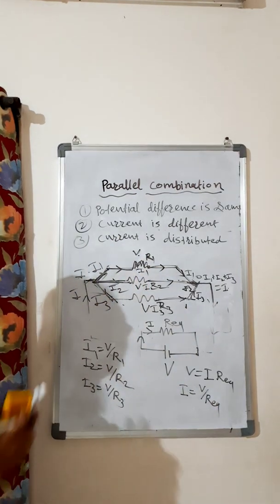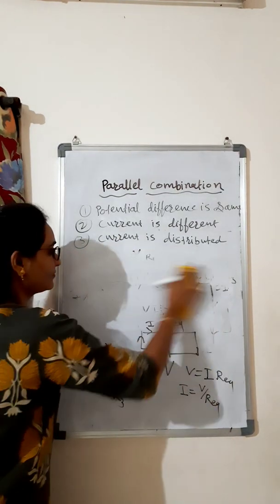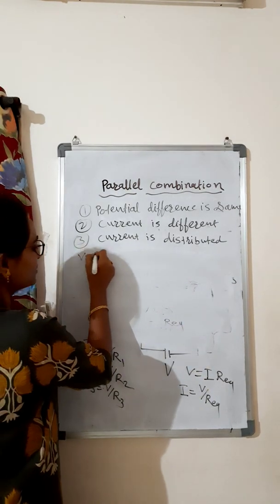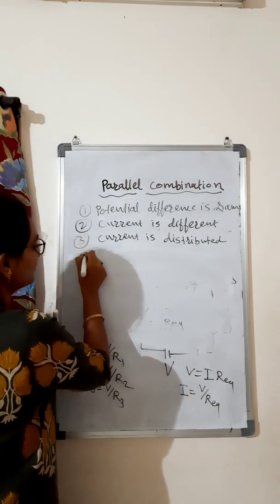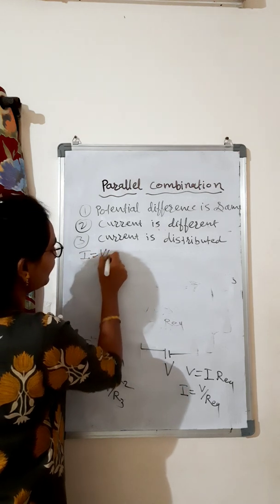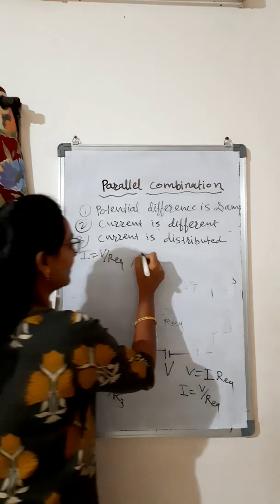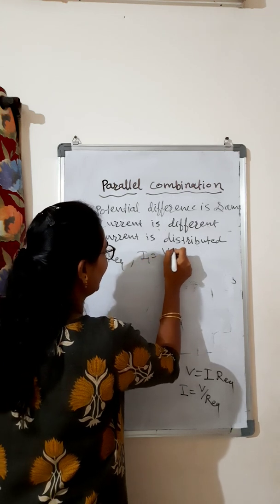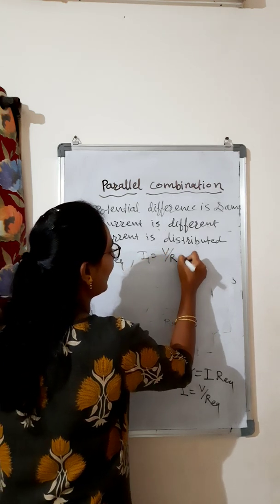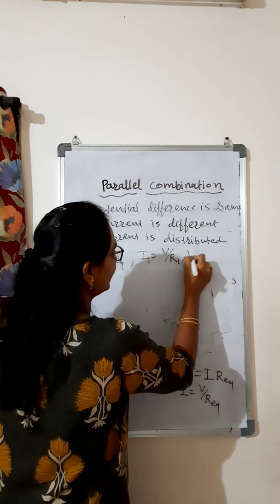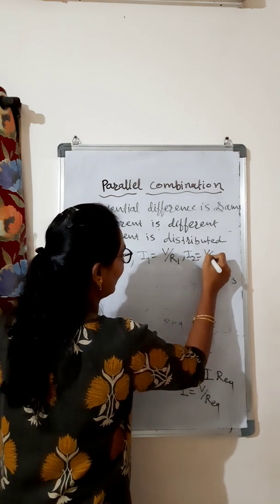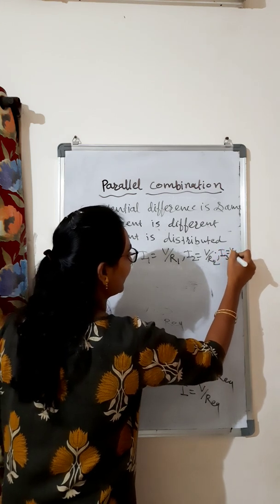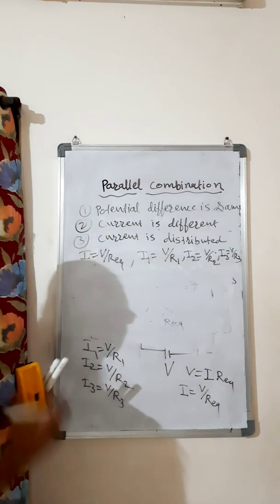Now if I is equal to V by R equivalent, I1 is V by R1, I2 is V by R2, and I3 is V by R3.